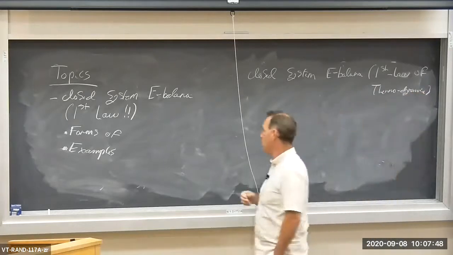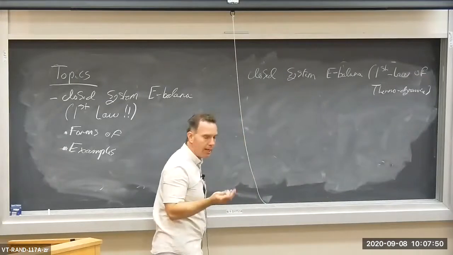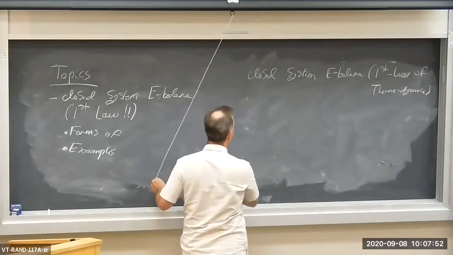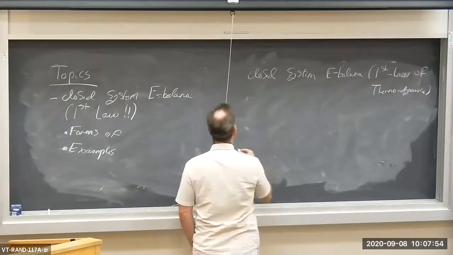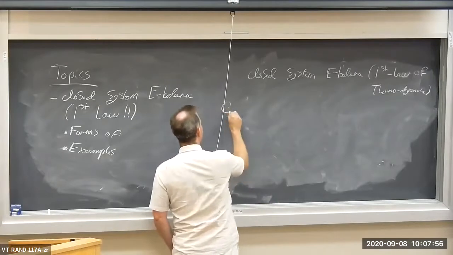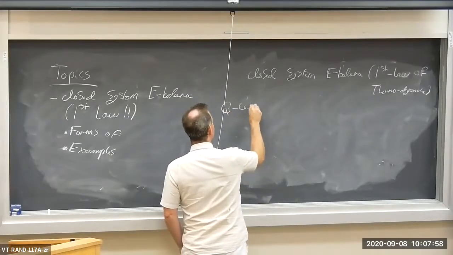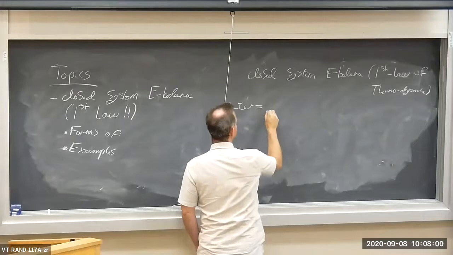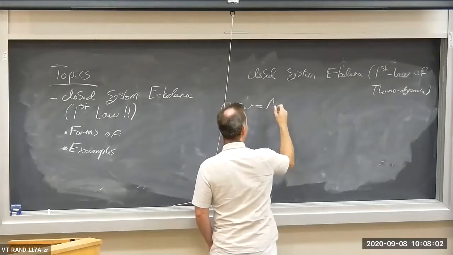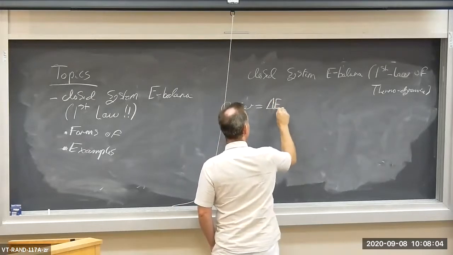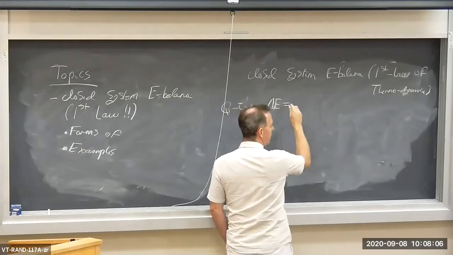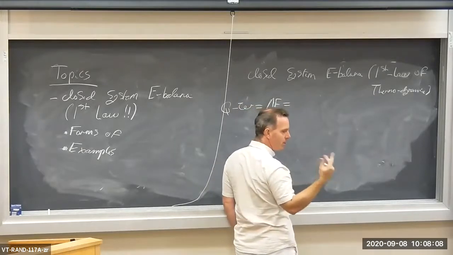Energy balance, or the first law of thermodynamics. Let me write down the most basic form of the energy balance. We have the heat minus the work is equal to the change in total energy. And energy is equal to kinetic, potential, and internal.